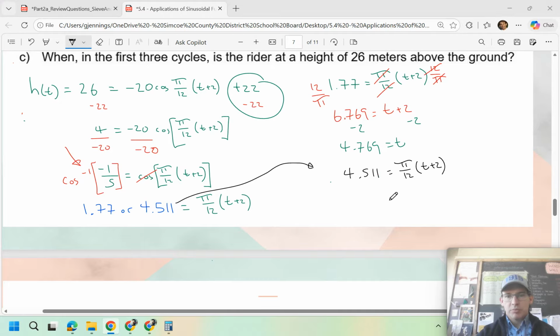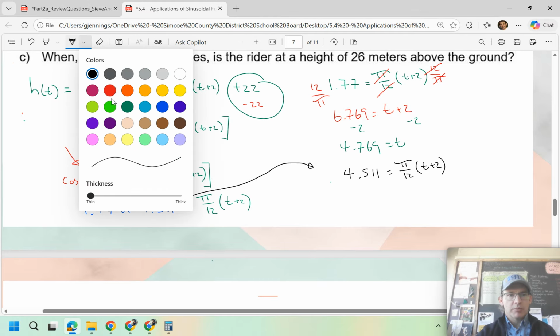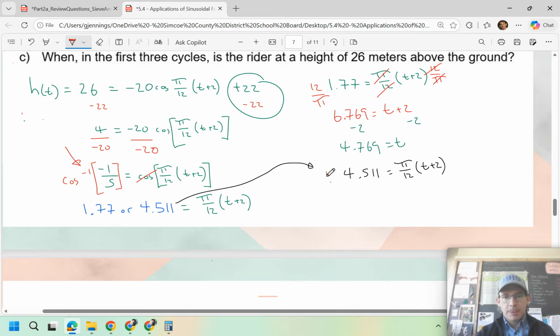Then we're just going to peel away our bedmas by multiplying by 12 on pi. The trick is if you're multiplying by a fraction, just multiply by the reciprocal and it cancels out the fraction.